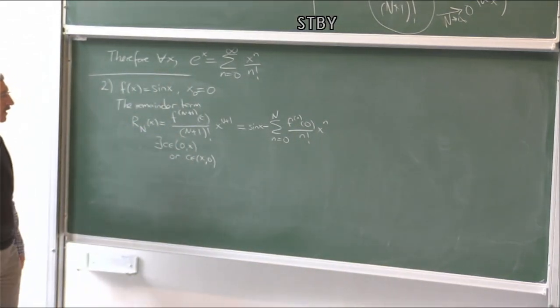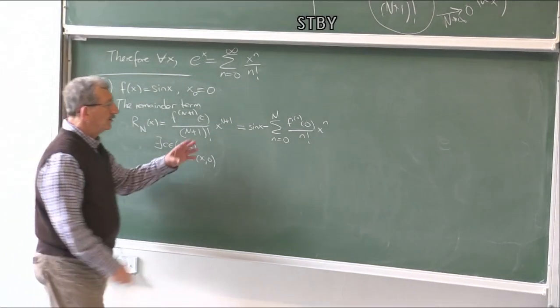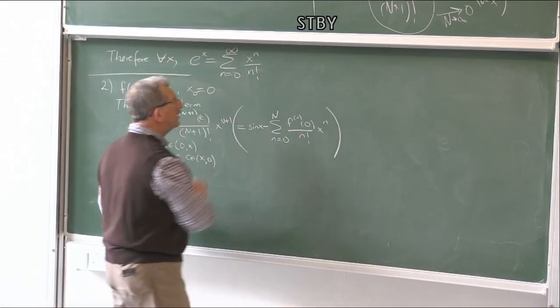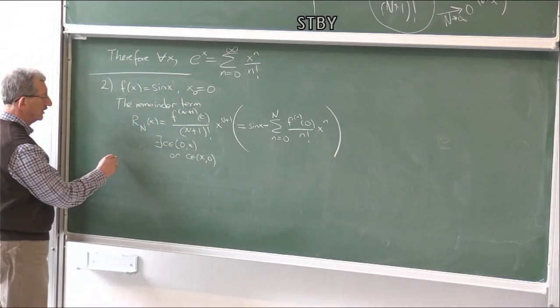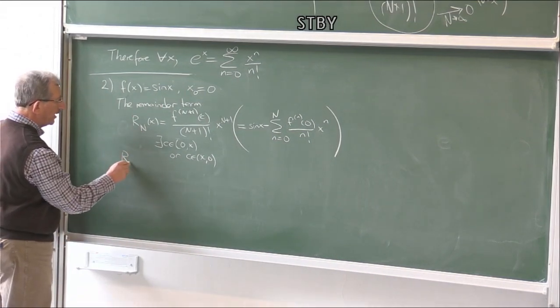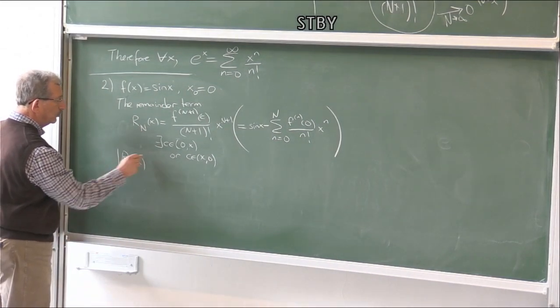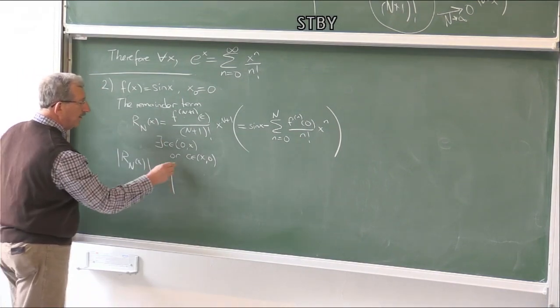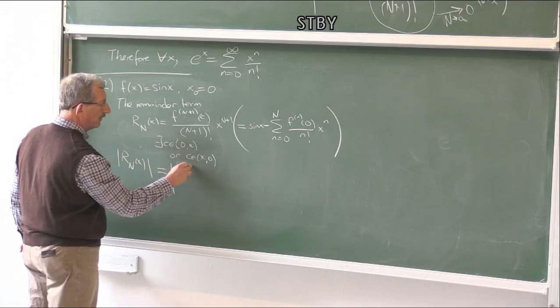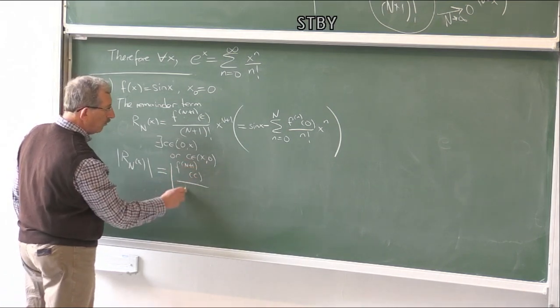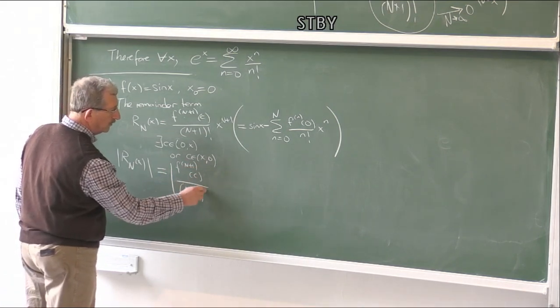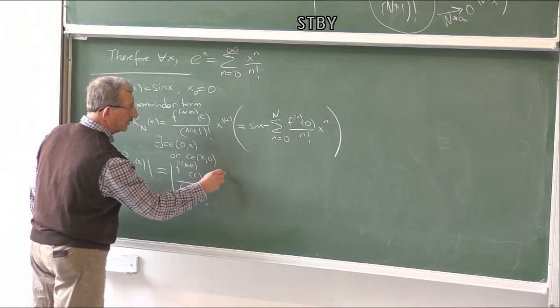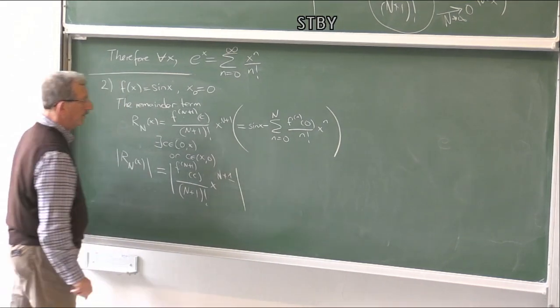Now, let us forget this part for a minute and concentrate on this. So here, our R_n(x) in absolute value would be exactly this: the n plus first derivative at c over n plus 1 factorial, x to the n plus 1.